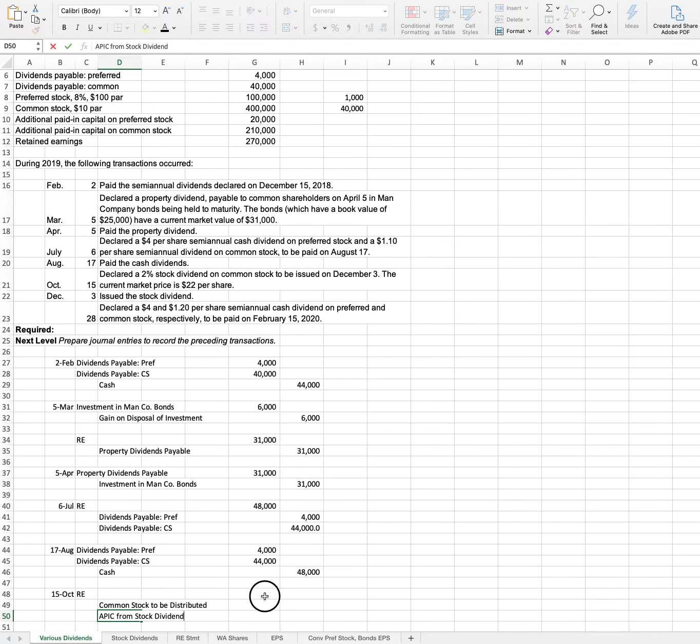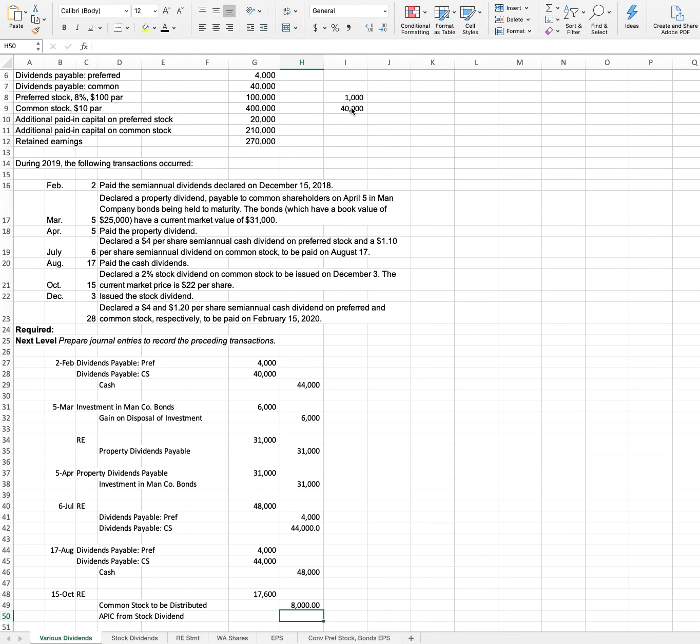So let's do this retained earnings total. We can do that one first. It would be equal to the 40,000 shares times our 2% times 22 per share. And we get the 17,600. And now the common stock would be the 40,000 times our 10 times the 2%.